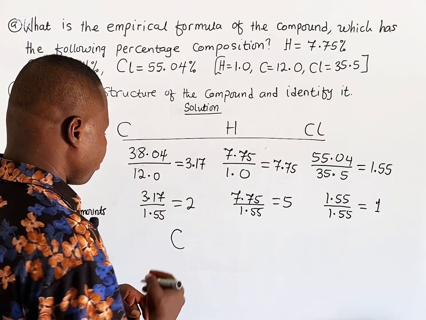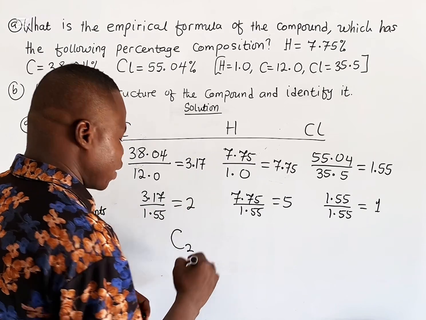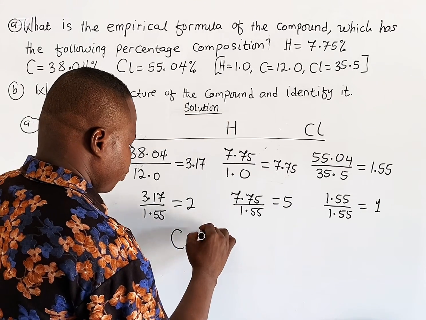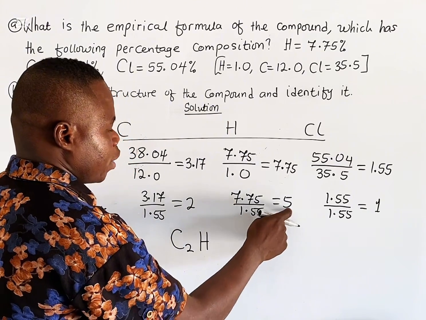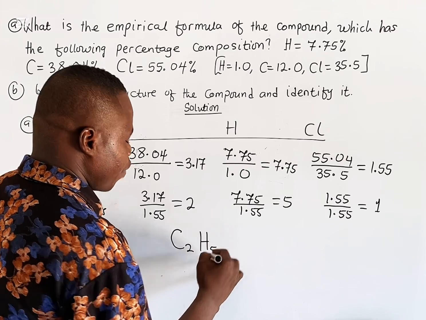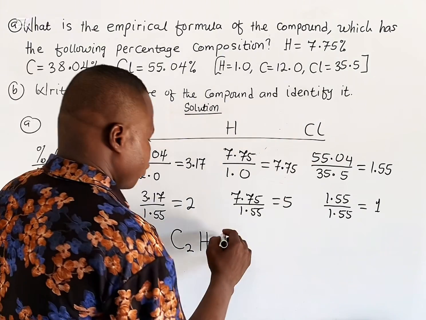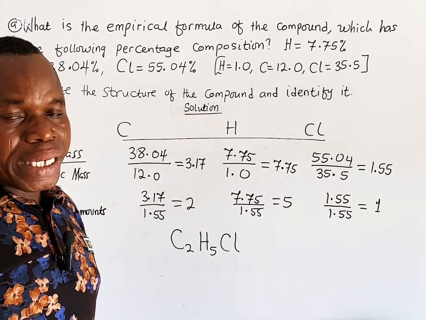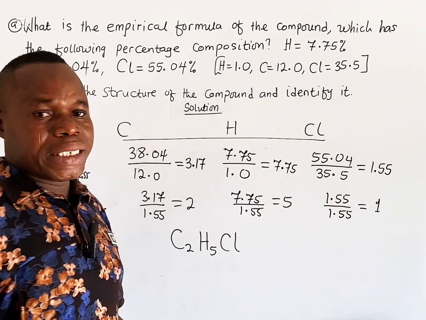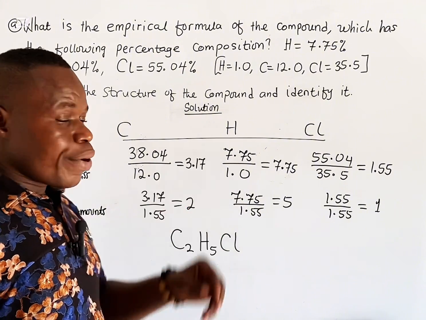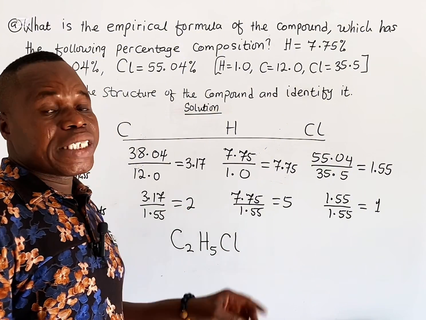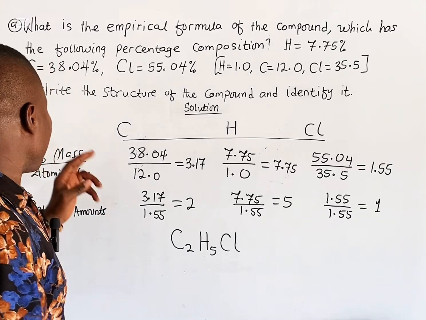So C, then the value is 2, I'll write 2 as subscript. Take hydrogen and write the value here as subscript, which is H5 now. Then Cl, and write this value as subscript, which is 1. When it is 1, we don't write it, but if it is more than 1, then you add it. So that means that the empirical formula of the compound is C2H5Cl.